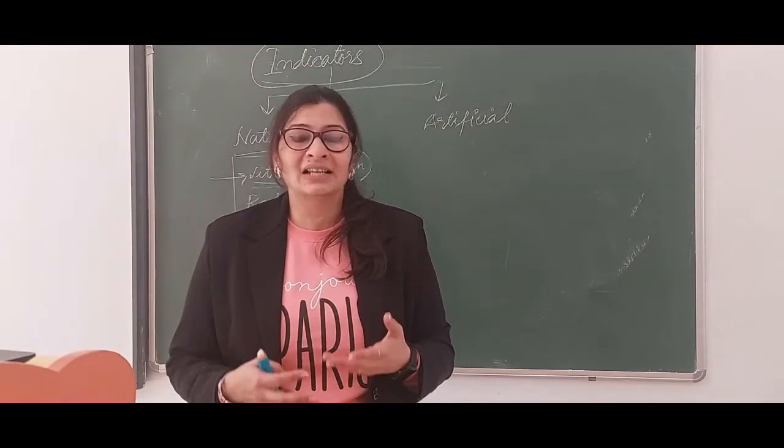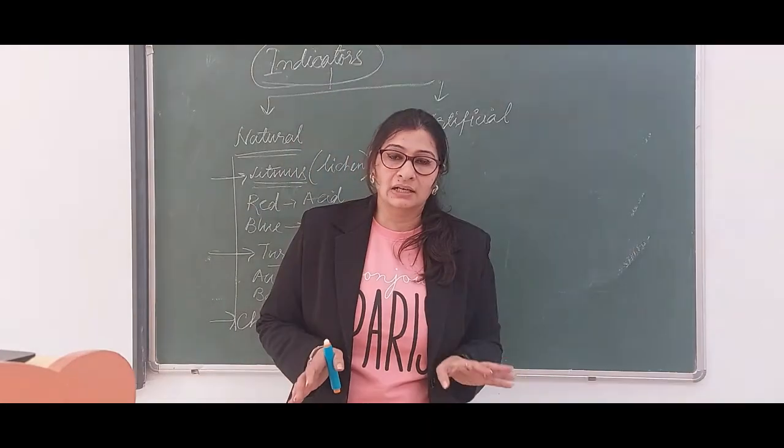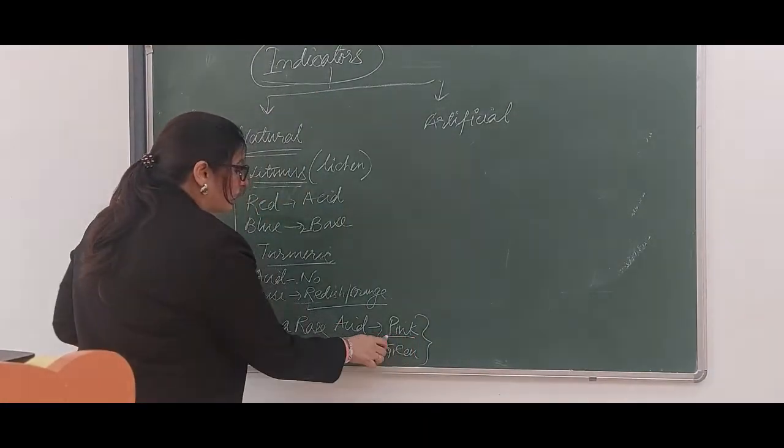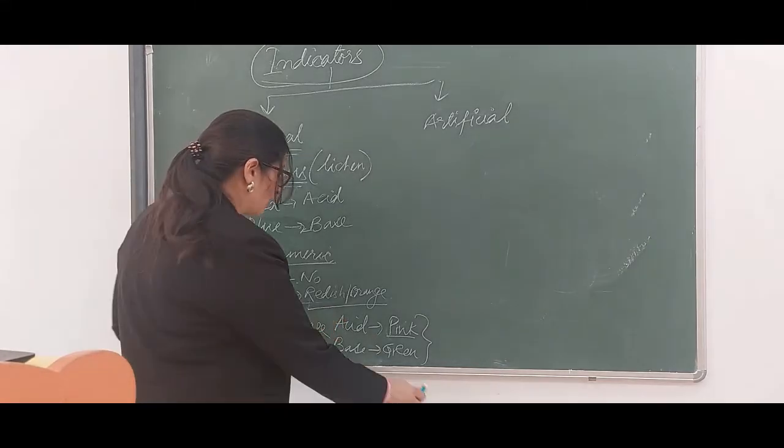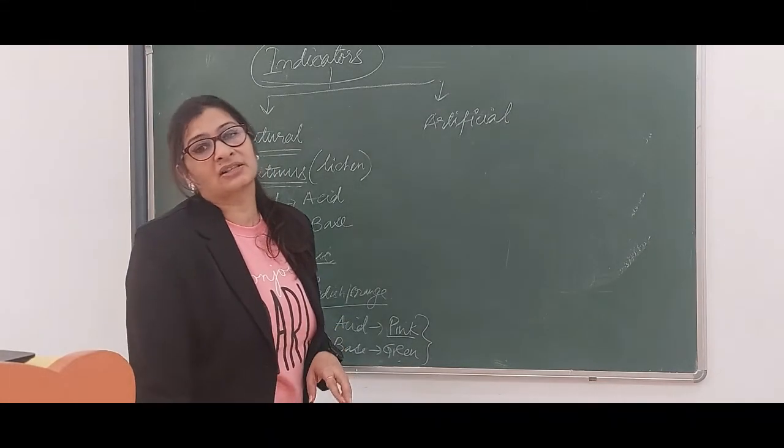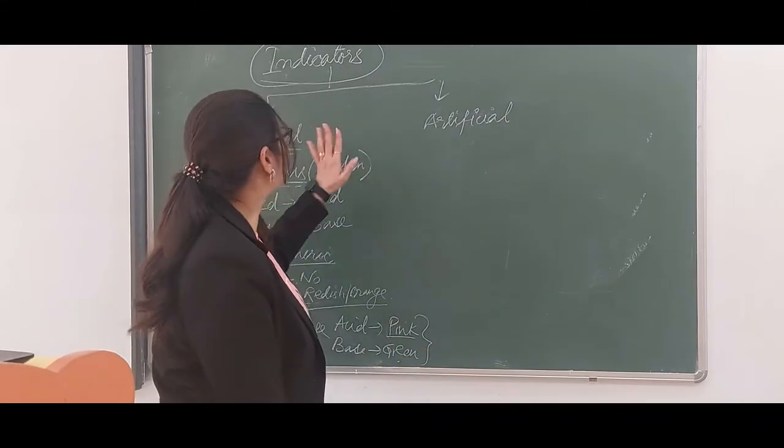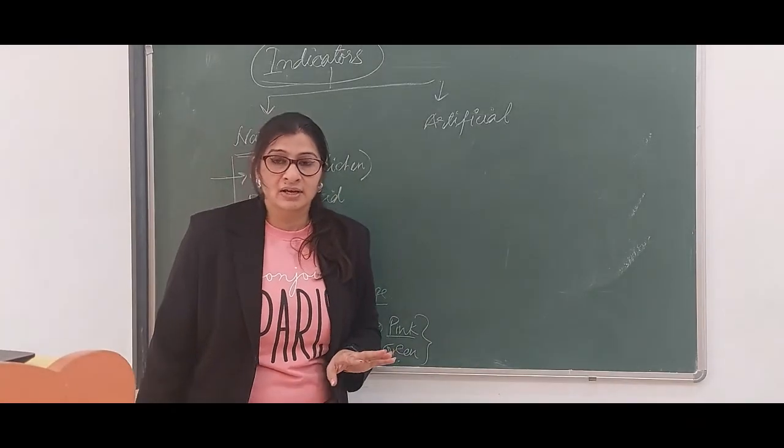Just strain that solution and use it as an indicator. So you will get pink color in the presence of acid, and green color in the presence of base. So this is about the natural indicators, right?